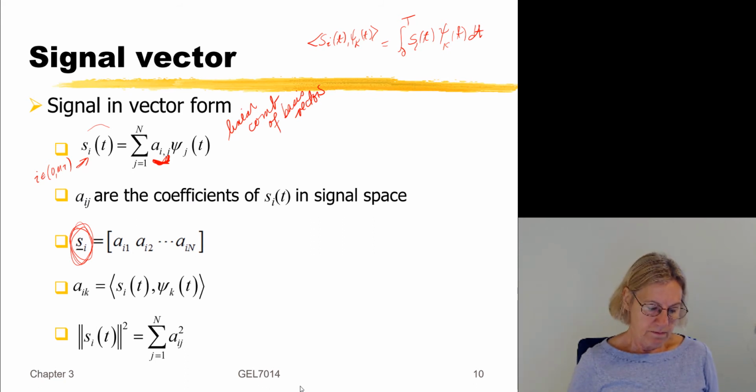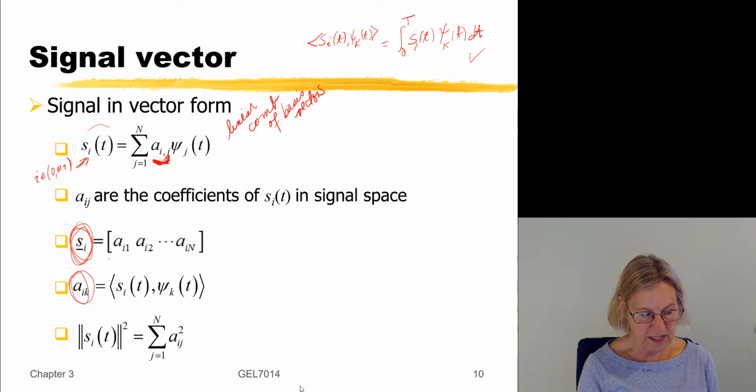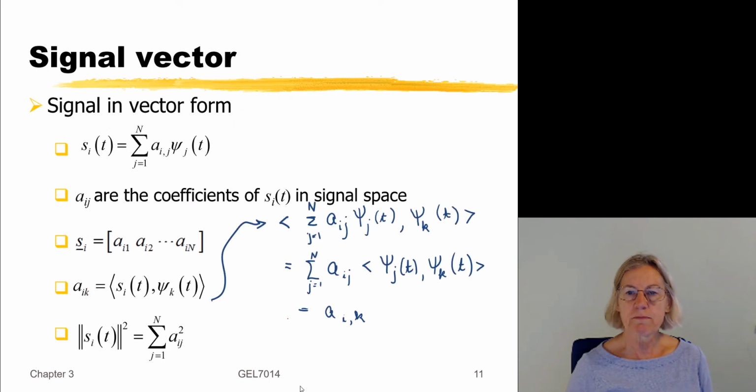And the demonstration that this is indeed correct: if I use the inner product, I'm going to get some of these a_i's. And if I put them into this equation, will I actually get Si back? Well, that's a simple demonstration.